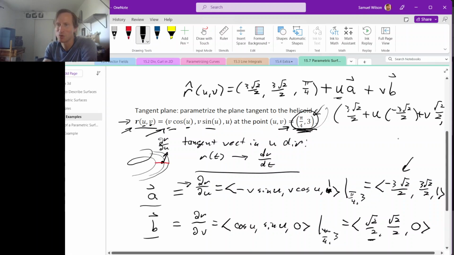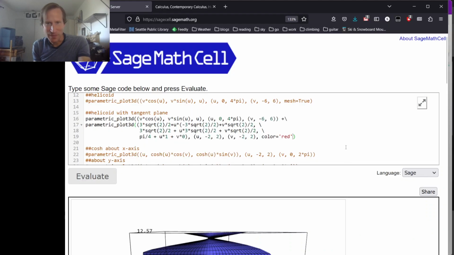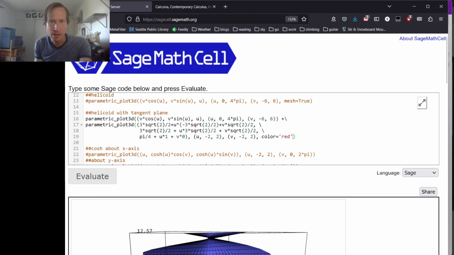So there's the x coordinate, and then so on for the y and z coordinates. So let's plot all of this. Off screen, I've typed in all of the stuff that you get when you write out all of this and do all of the vector arithmetic.